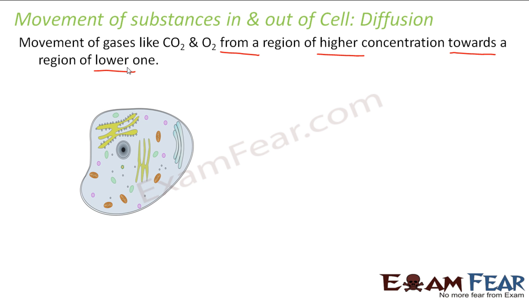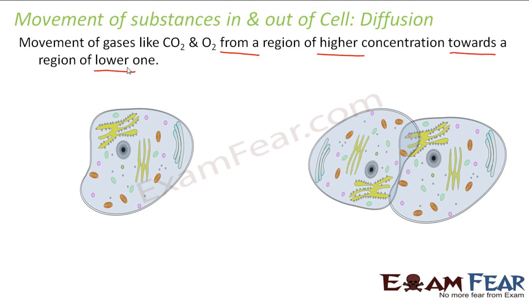Right? Let us look at this scenario. In the first scenario we have the animal cell. So this is the cell and in the surrounding it is the external environment. Now let us suppose that the concentration of carbon dioxide is more in the surroundings, and in this scenario the concentration of carbon dioxide is more in this cell.